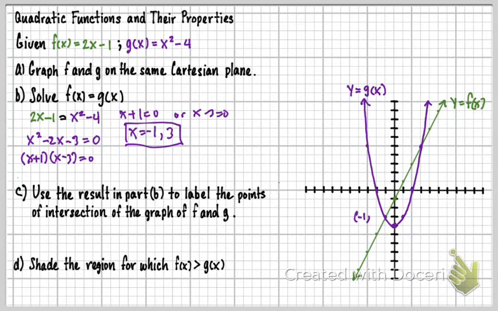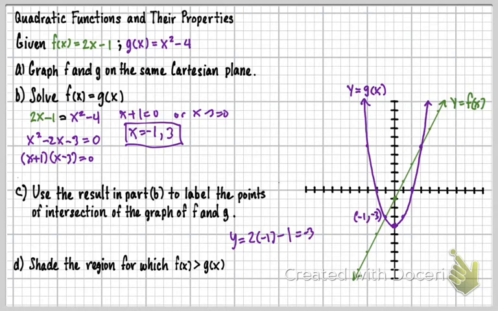So I can pick any function to plug it into. So I'm going to plug it into the 2x minus 1 one. So 2 times -1, minus 1. So this is going to result in, for my y, it's going to equal -3. So this is actually going to be -1, -3. And because I did such an awesome graph, you should be able to see that.